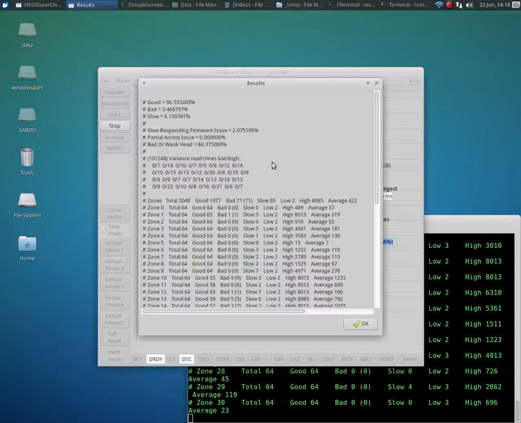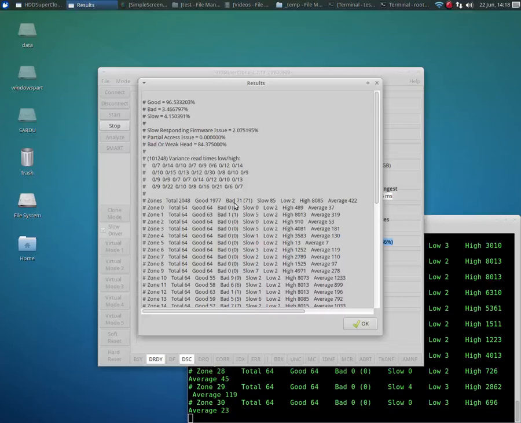So we can see from our second round of analyze, bad at about 3.5%, slow is now about 4%, a little over. Now our bad or weak head percentage has gone up to 84%.